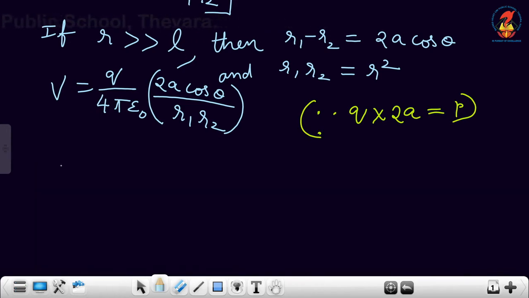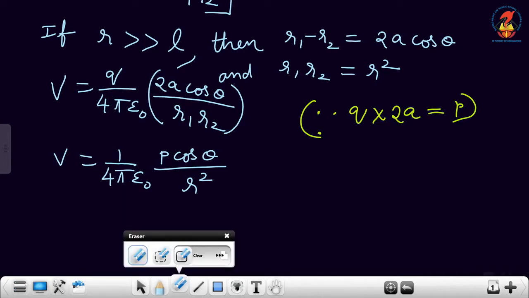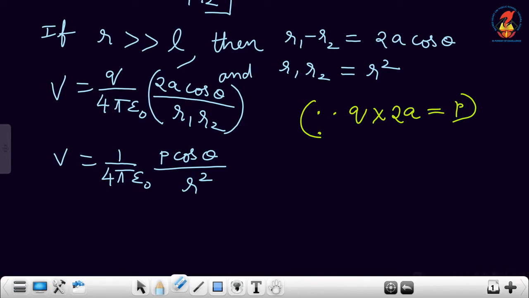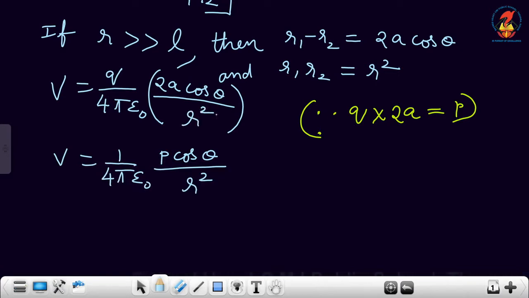So the equation will be V is equal to 1 by 4 pi epsilon 0 P cos theta by R square, because I already told R1 into R2 can be written as R square. So I am rubbing out this R1 and R2 and I write R square there. So here P cos theta by R square, this is our equation.